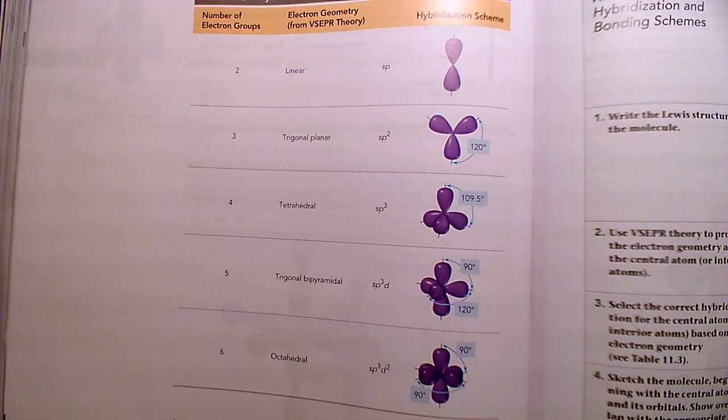Also note that we've been looking at molecules that have 1 central atom. Today we looked at molecules with 2 central atoms. You can have more than 1 central atom, and you have to look at the hybridization of each central atom in your molecule.